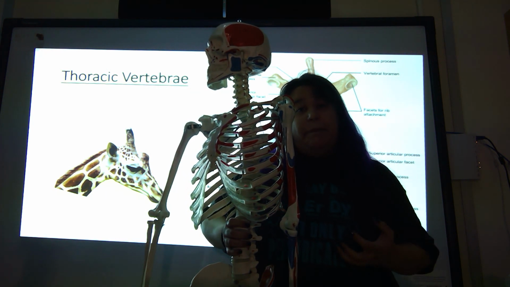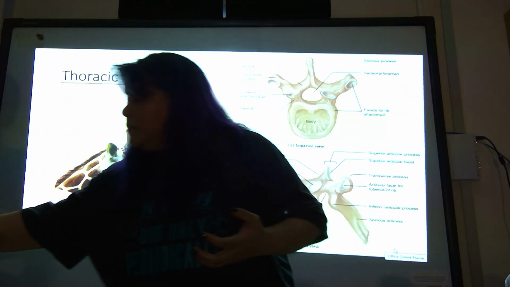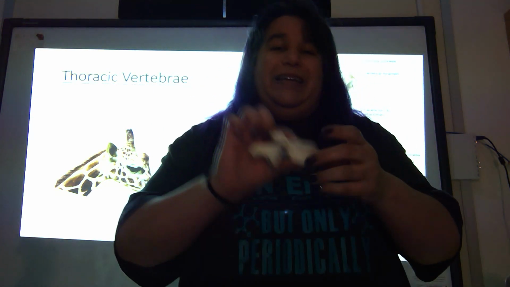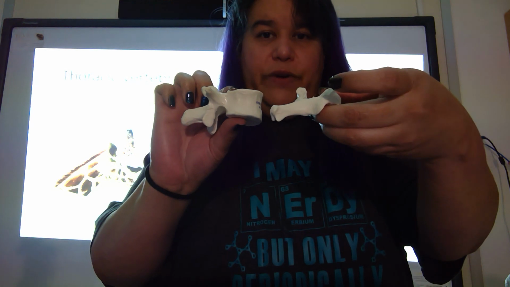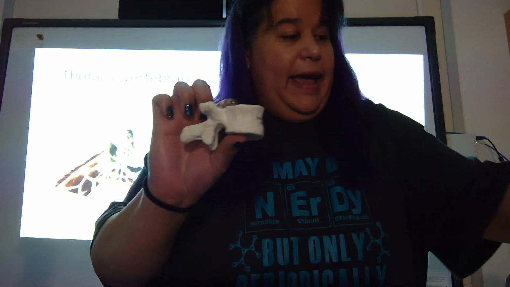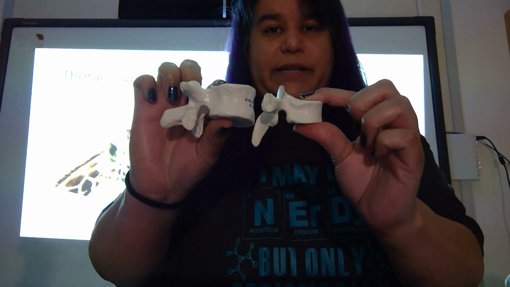They have to be able to bear that weight, okay? So these are a lot bigger than our cervical, and they're a lot bigger than our thoracic because they hold so much weight.